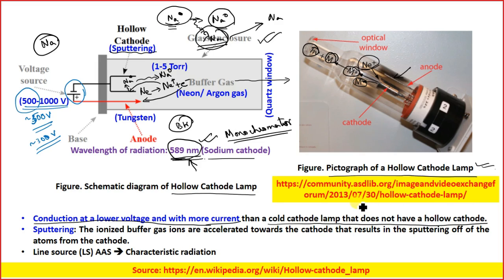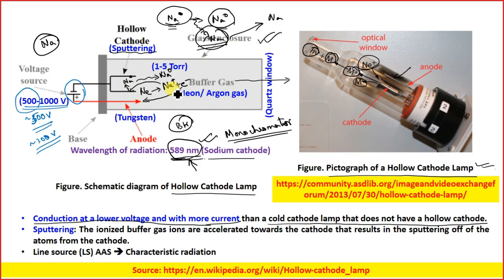So over here, the conduction happens at a lower voltage, and when you use this hollow cathode, you get more current, because some of these sodium ions may be striking and dislodging other metal ions also, and you are getting a larger area.